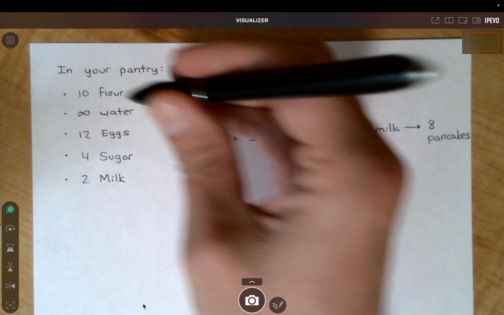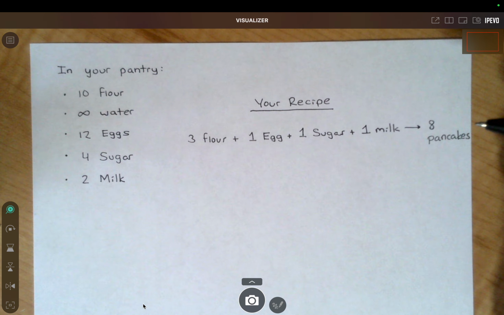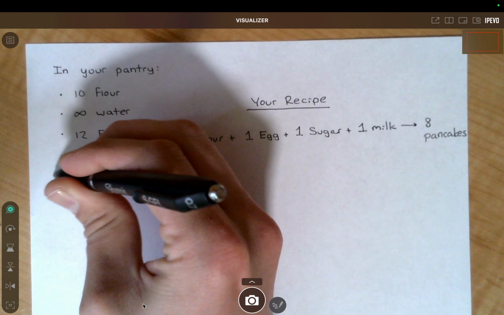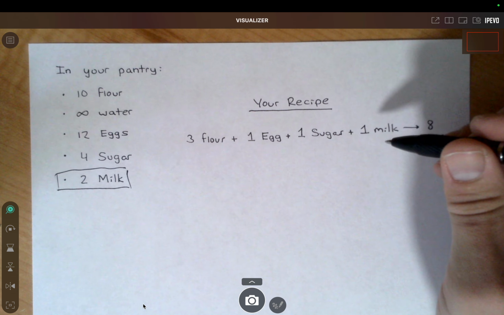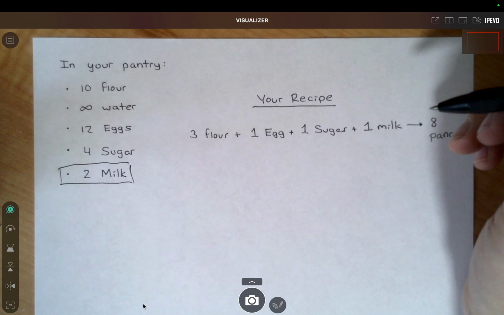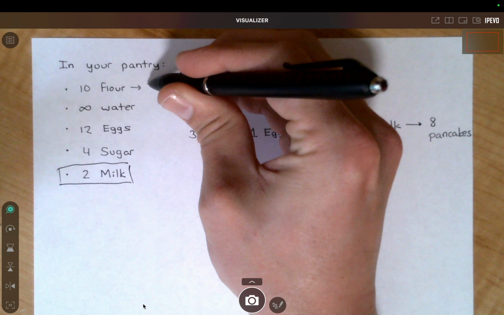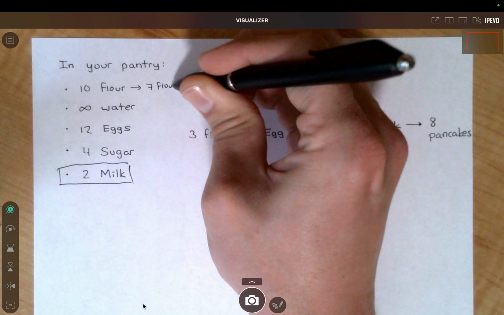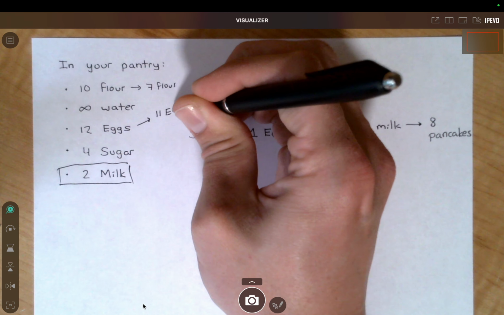Well, if I were to use as much of this stuff as I could, milk is going to run out first, right? By the time I do this recipe twice, I'm going to run out of milk. The first time I do it, I'm going to use up 3 cups of flour, leaving me with 7. I'm going to use an egg, which is going to leave me with 11 eggs.